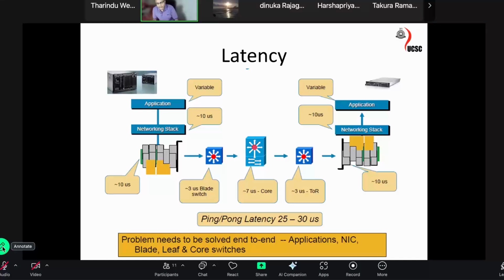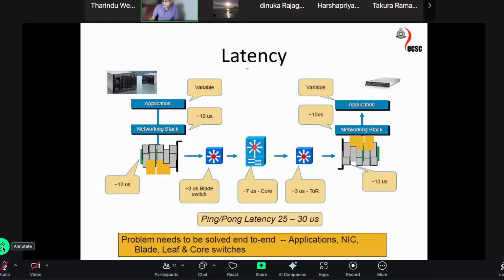You can see that the round trip, ping-pong network latency is somewhere around more than 30 microseconds if you add it up. This is just an example. If you want to reduce the end-to-end latency, you need to reduce all these separate components.